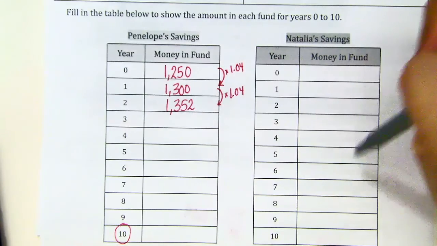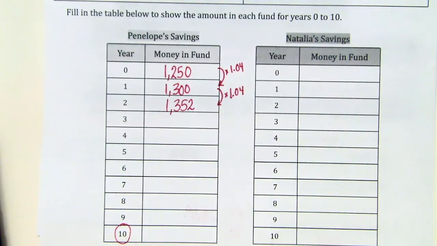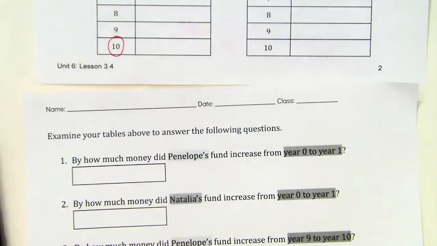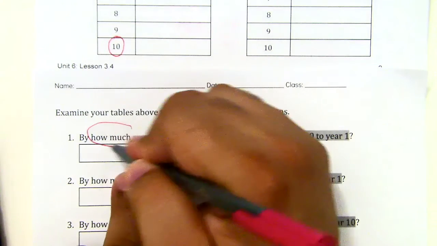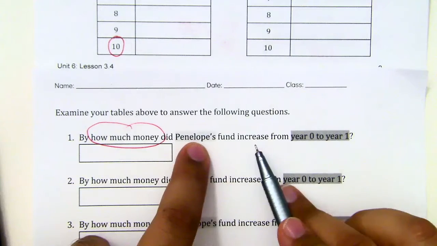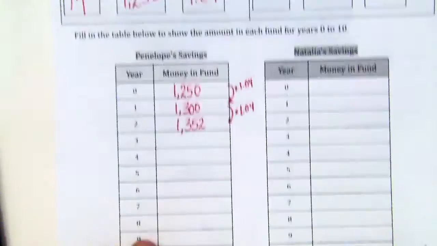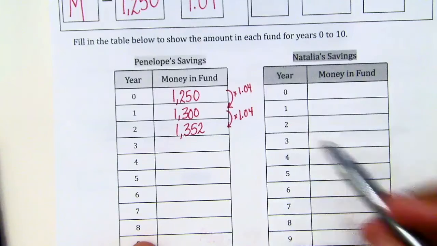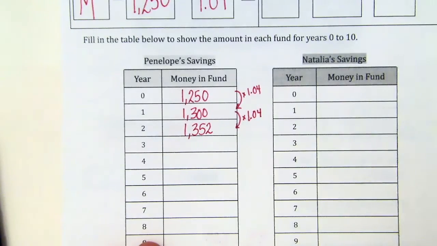Do the same thing for Natalia's savings. And then you're going to compare to see how the investments changed over time. You're going to do that comparison on the next page. Okay, so let me just explain very clearly what I want you to do here. First one, it says, by how much money did Penelope's fund increase from year 0 to year 1? From year 0 to year 1, I know that it increased by 4%, but I'm actually asking you by how much money.